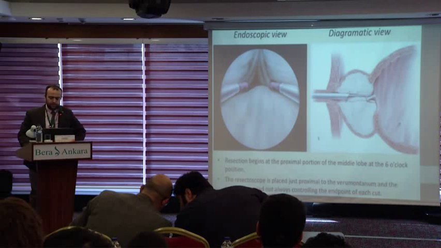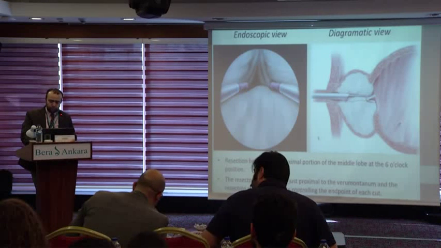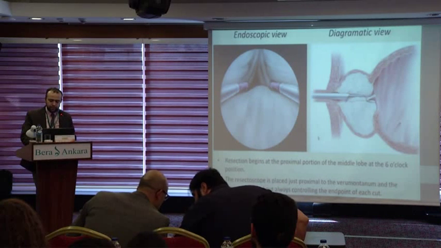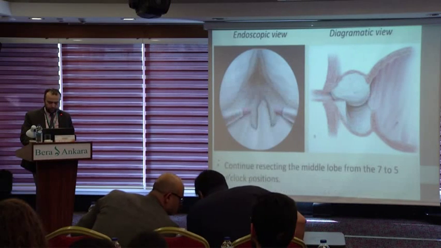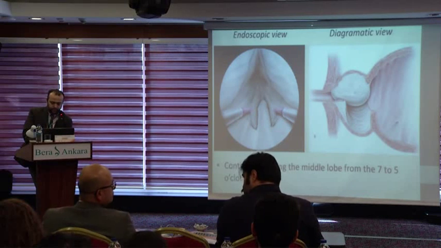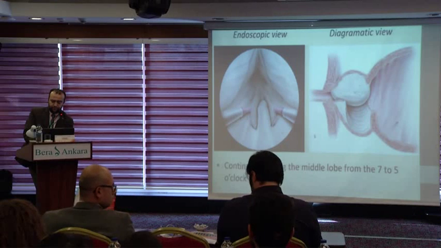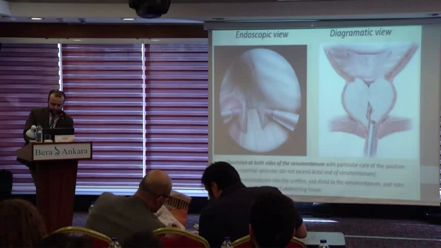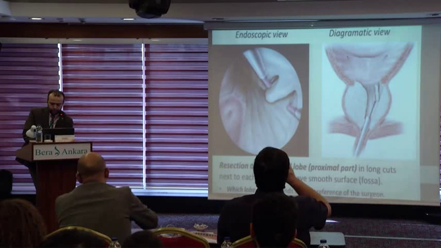Resection begins at the proximal portion of the middle lobe at the 6 o'clock site. The resectoscope is placed just proximal to the veromontanum, and the resection is carried out always controlling the end point for each cut. We continue resecting the middle lobe from the 7 and 5 o'clock positions, continuing to the veromontanum.